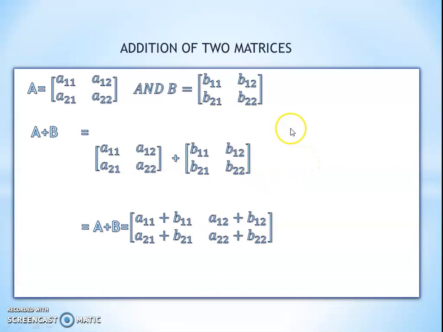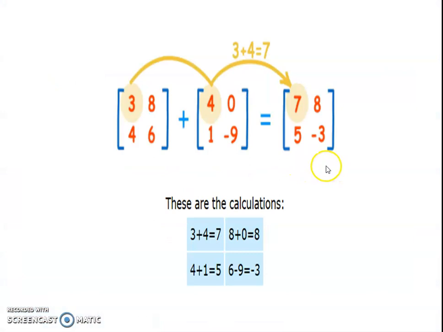We can understand this better with an example. The elements in the same position must be added in the matrices concept. Suppose 3, 8, 4, 6 is the first matrix, and 4, 0, 1, minus 9 is the second matrix.